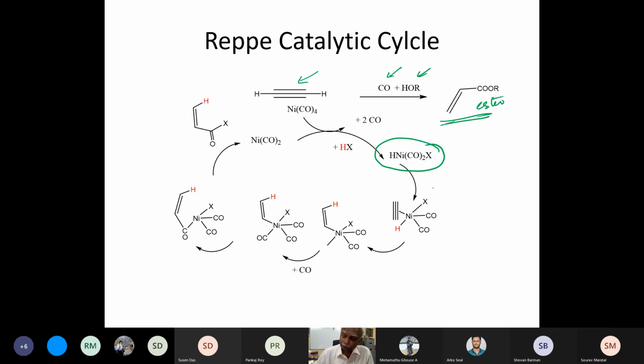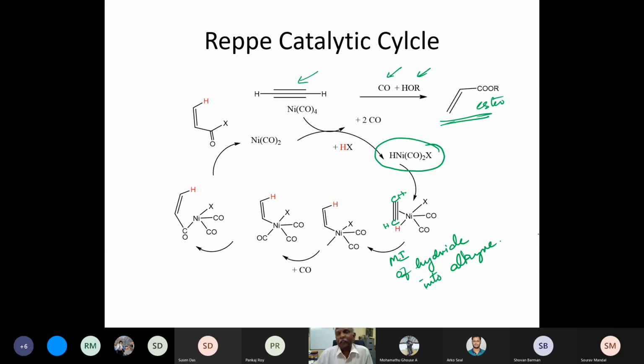So you have this, this is CH. I hope you understand. CH. Now I can have addition of hydrogen, migratory insertion of hydride into the neutral substrate, which is into alkyne.